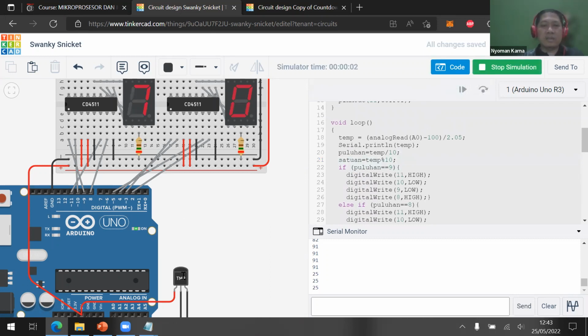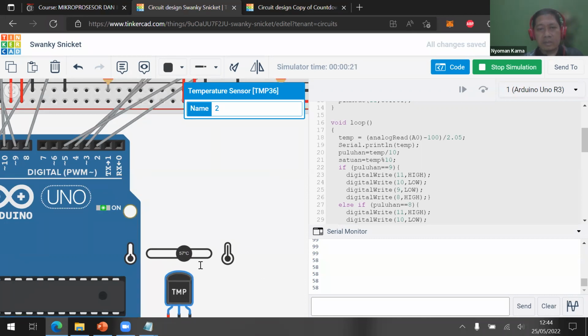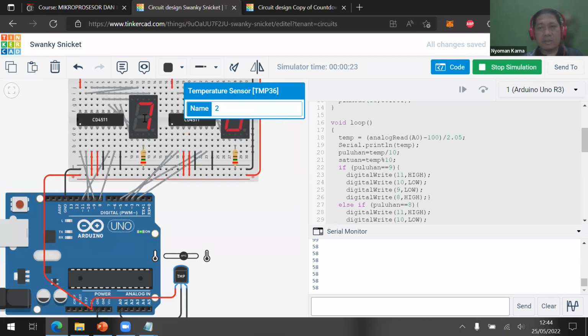Okay, it's 7. Something's not right. It's 9. Okay, that's 9. Oh, that's correct. But it's supposed to be 5, and it shows 7.